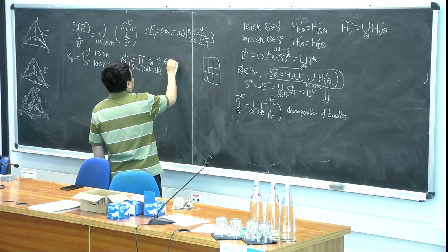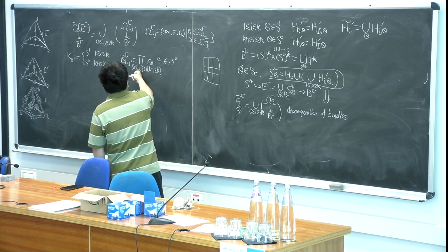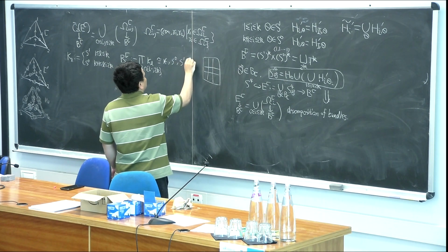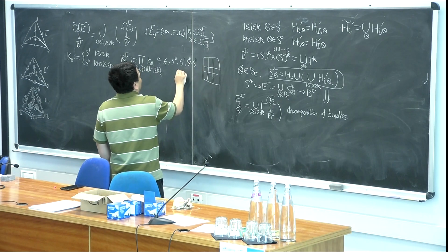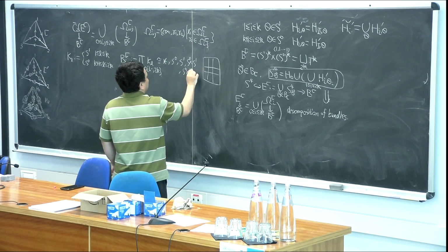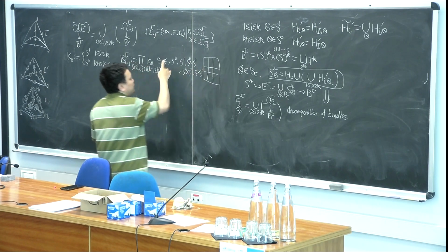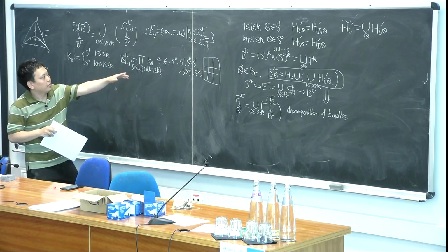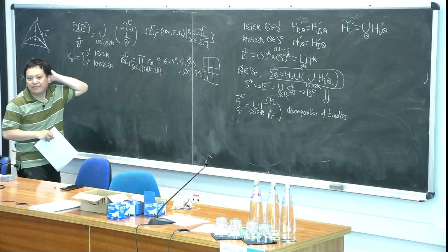Or it can be S0 if i equals j and is greater than k. Or it can be S1, or S0 cross S1, or S0 cross S0, or S1 cross S1. Anyway, this is just some smaller torus than B gamma.